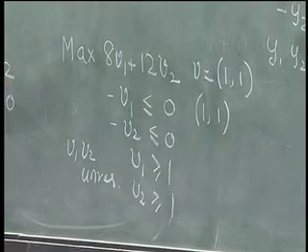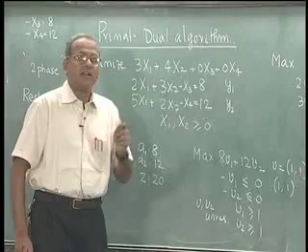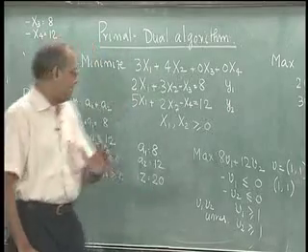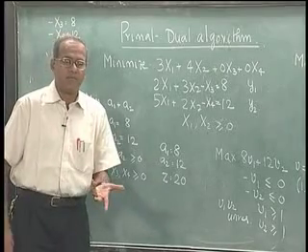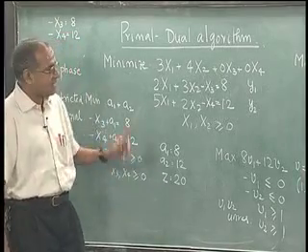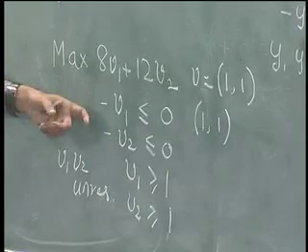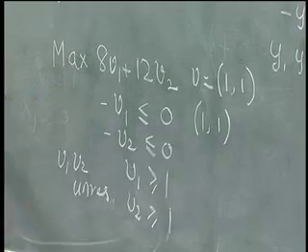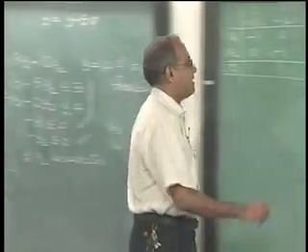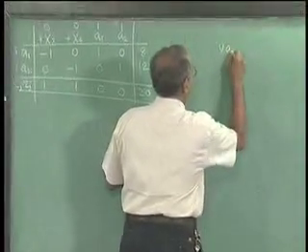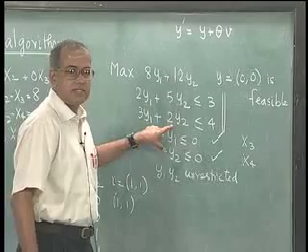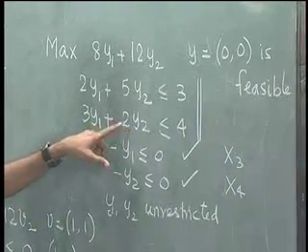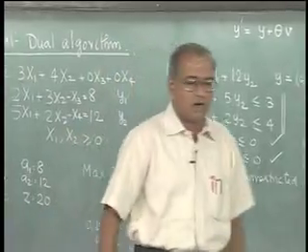So, we need a variable x_j into this primal such that vA_j is greater than 0. Now, this will satisfy the condition vA less than or equal to 0. So, we will look at those variables which have vA greater than 0, and we would like to look at these constraints which are right now satisfied as inequality, and then try and get the best value of theta.